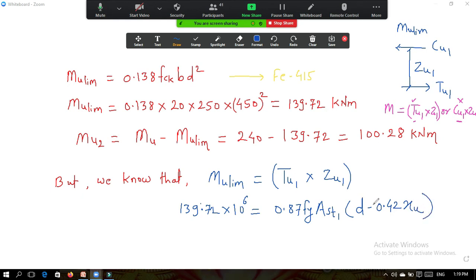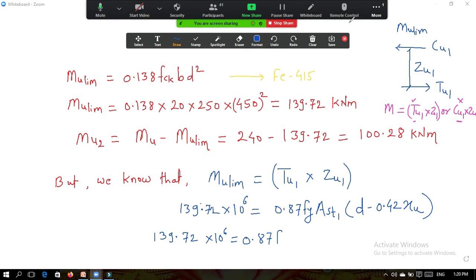Here we have assumed a balanced section, so we can put Xu equal to Xu max. So I will write here 139.72 into 10 raised to 6, which is equal to 0.87.